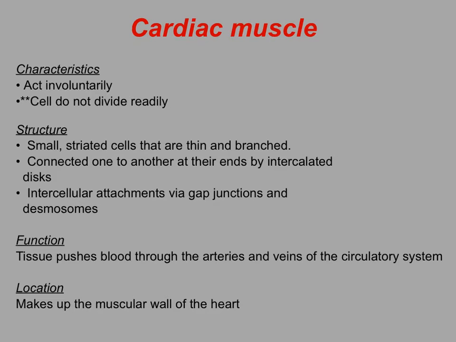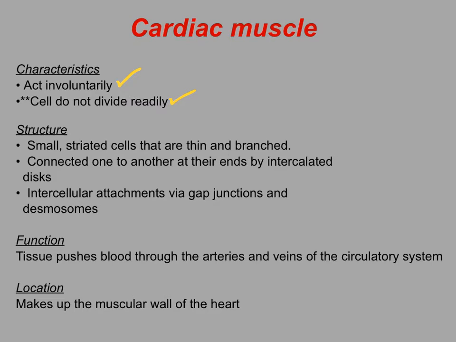Cardiac muscle makes up the wall of your heart, and that cardiac muscle acts involuntarily. So from about 6 weeks of fetal development all the way up until the moments that you pass away, these cells are continually contracting, and these cells do not readily divide. They do not readily undergo mitosis. And so essentially the cardiac muscle cells that you have when you're born are essentially the same ones that you have when you die.